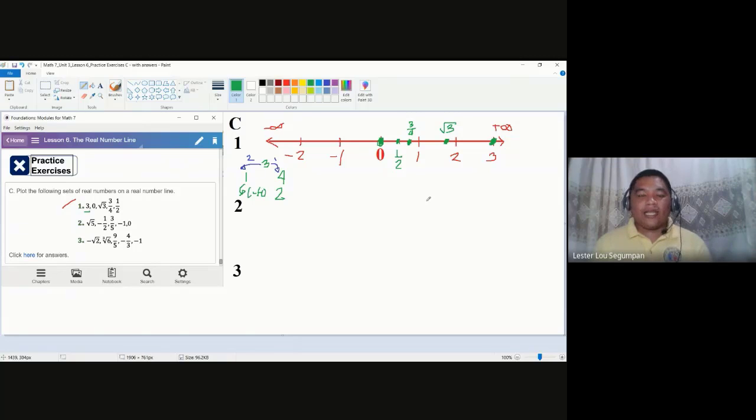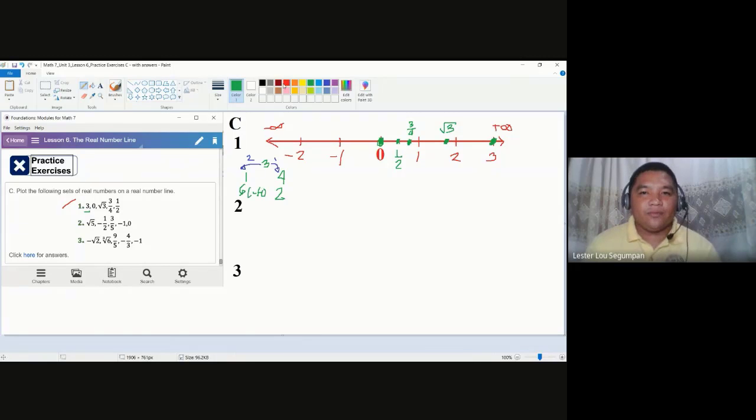If you would like to check the arrangement of the previous video, you may, but we have already shown that the arrangement in ascending order starts from 0, followed by 1/2, then 3/4, then your square root of 3, and finally 3. So that is now the arrangement of these values in the real number line. Again: 0, 1/2, 3/4, square root of 3, and then 3.